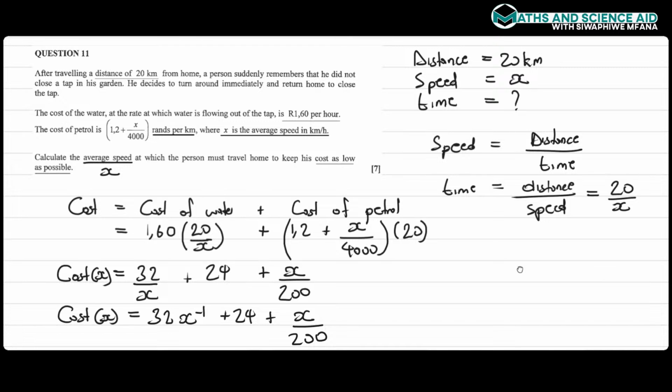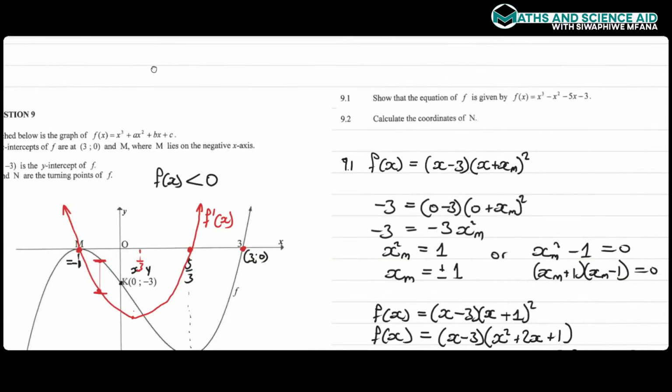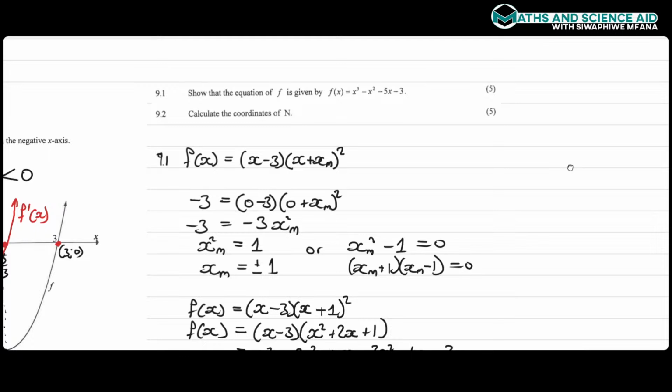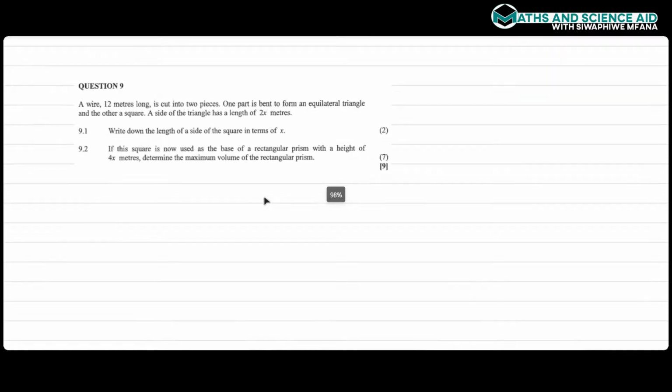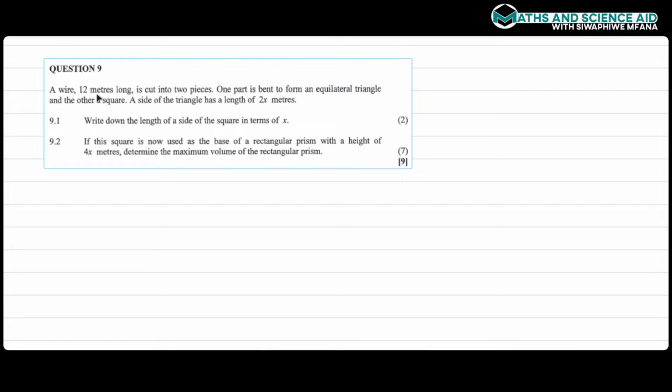So since we were a bit fast on this question, we'll just quickly take a look into the other one that we have here. So what's happening here? We've got a wire 12 meters long, and it is cut into two pieces.